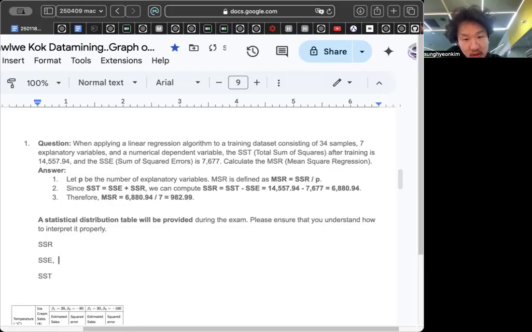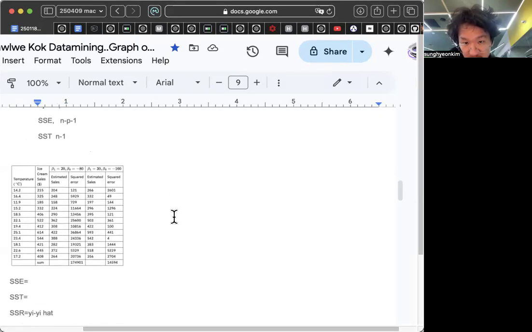Each of the degrees of freedom is p, n minus p minus 1, and n minus 1. MSR can be calculated easily by just dividing by this degree of freedom.